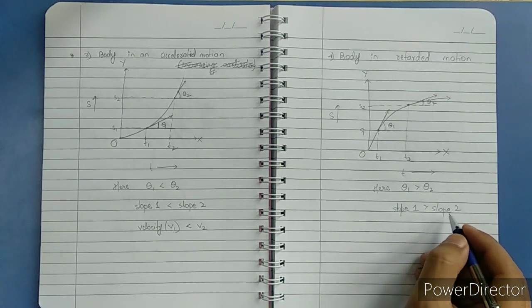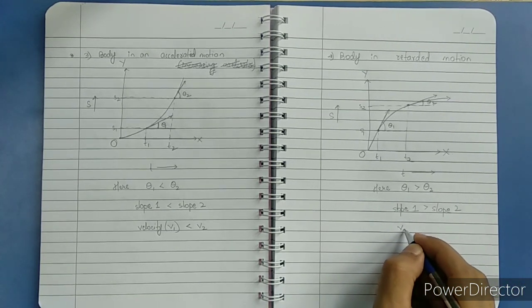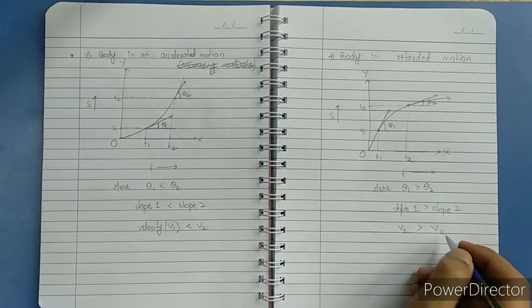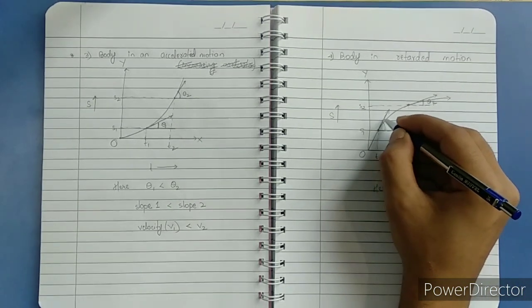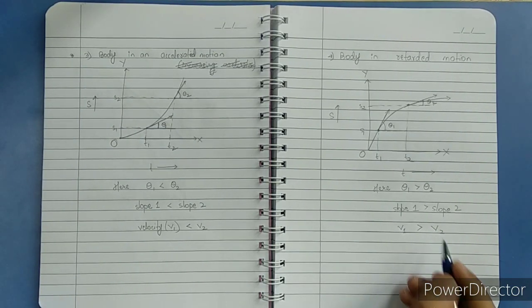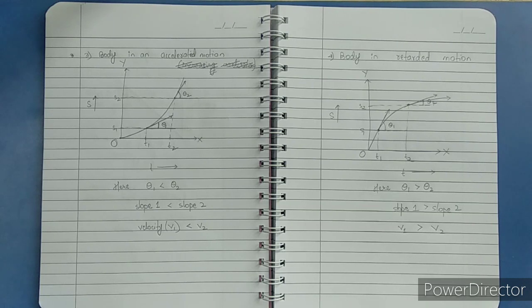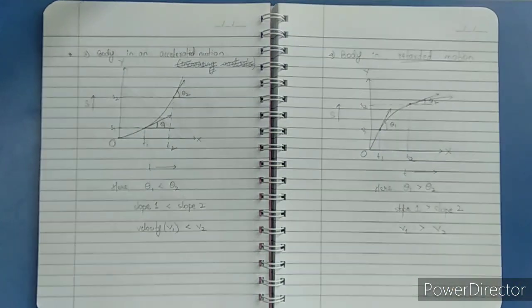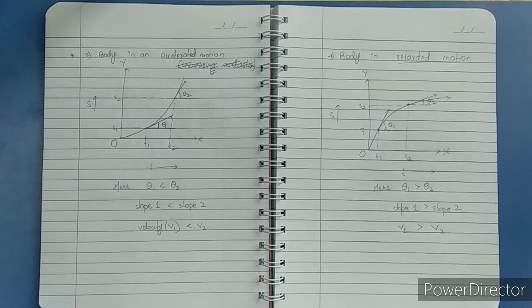As slope of 1 is greater than slope of 2, velocity of 1 is greater than velocity of 2. So as you can see, the velocity is decreasing. Initially it had more velocity. As the time is increasing, velocity is decreasing. So decreasing velocity means retarded motion. So the motion here is retarded. Negative acceleration is basically retardation. So if velocity is decreasing, acceleration will be negative, hence it is a retarded motion.